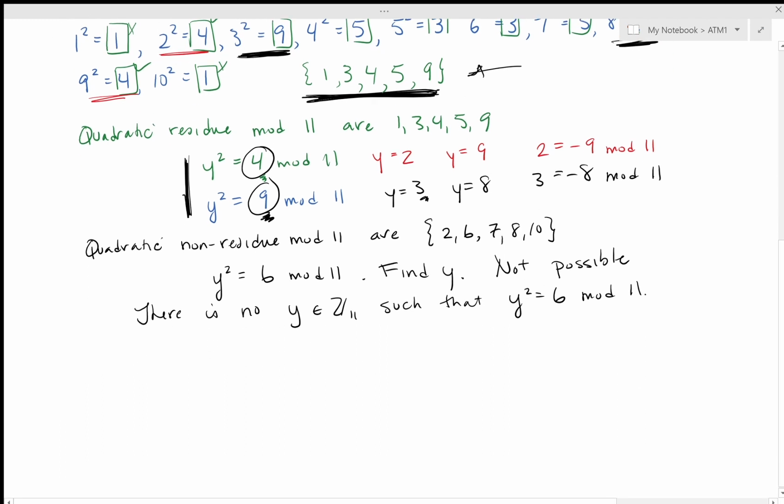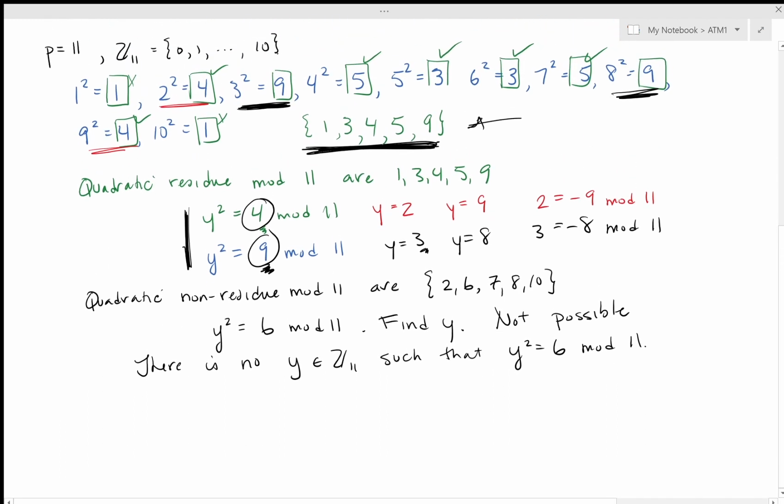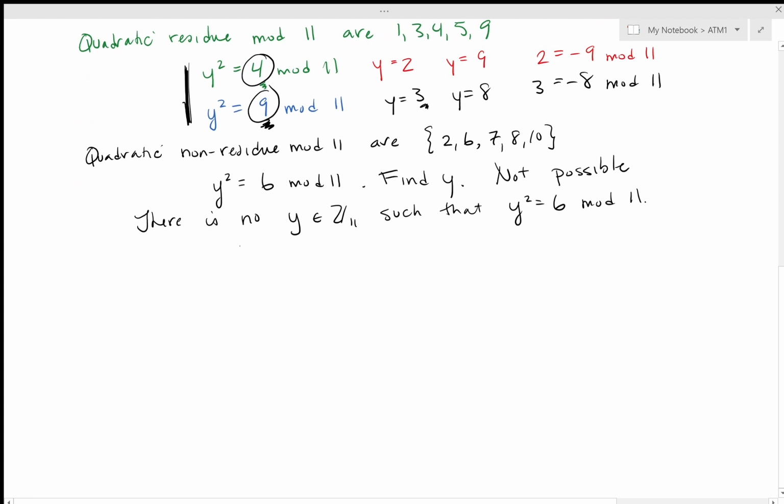Okay, so we made a sort of an exhaustive study in this case here. Then we could come here and ask a kind of question. For example, I could ask, is 1 a quadratic residue mod 13?